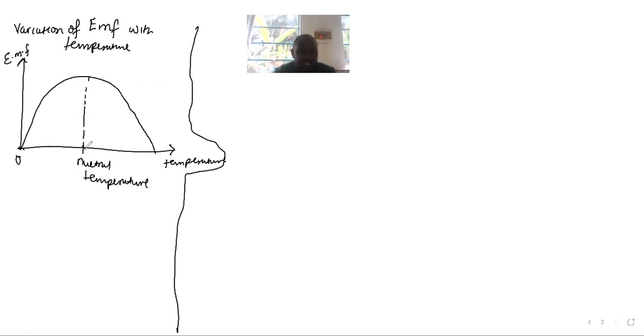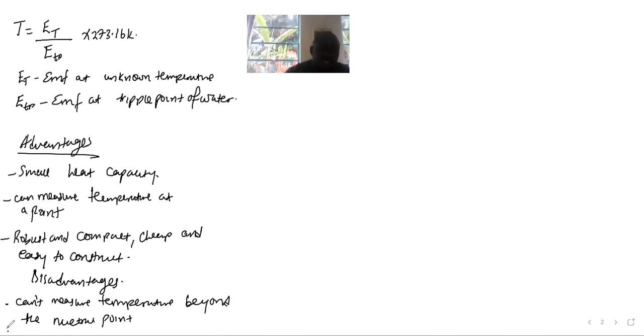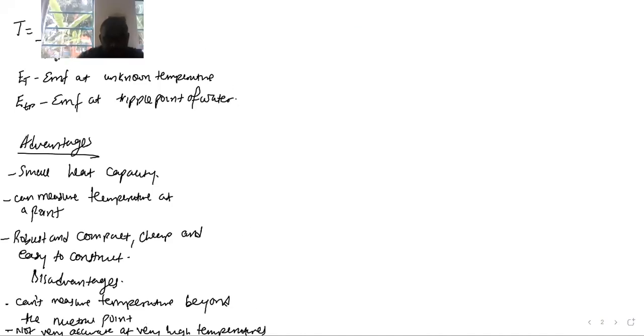The neutral point is here where we have the neutral temperature. The second one is that it is not very accurate at very high temperatures. So those are some of its disadvantages.